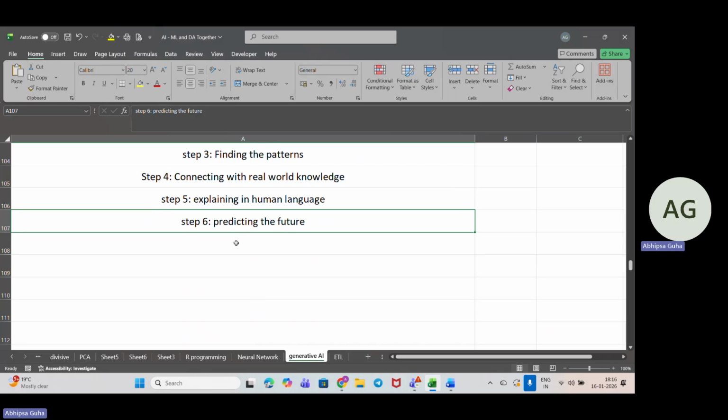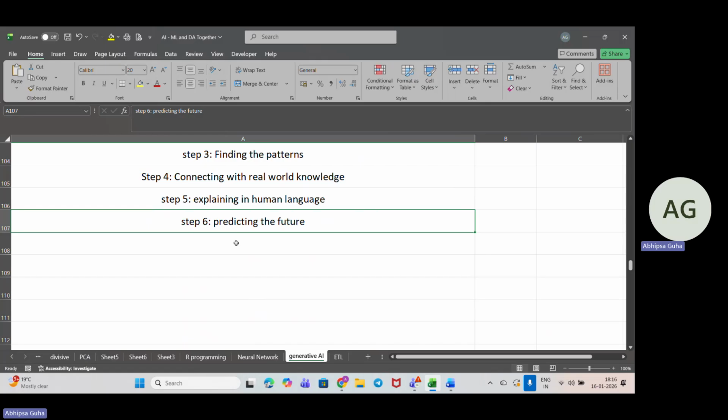Next, it explains in simple terms that the sales are increasing from one day to another, that there is growth in sales. And then it finally predicts that the sales may grow tomorrow as well if the customers keep coming in this way. Okay, so this is the difference between traditional analytics and generative AI.